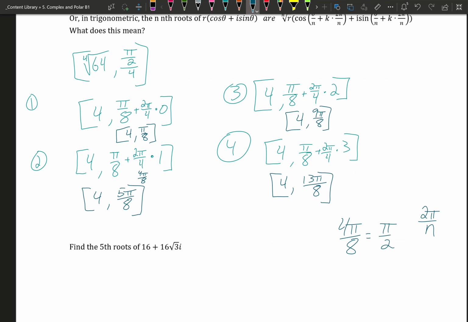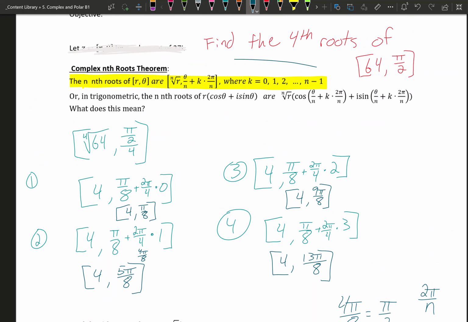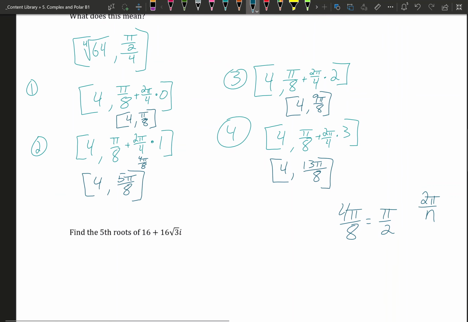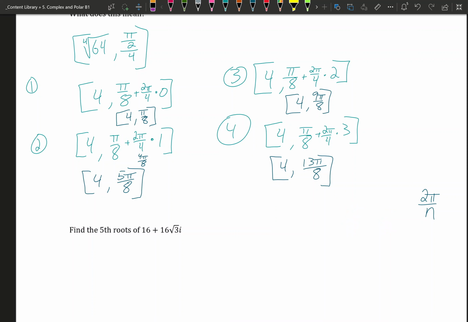So what I recommend is trying to understand what this is trying to say: we're doing those inverse operations, we're taking the nth root, we're dividing by n, and then try and see what they're talking about with this k business here. And really what you're doing is, for all of these, they have the same radius, and then you add 2 pi divided by n to each angle.